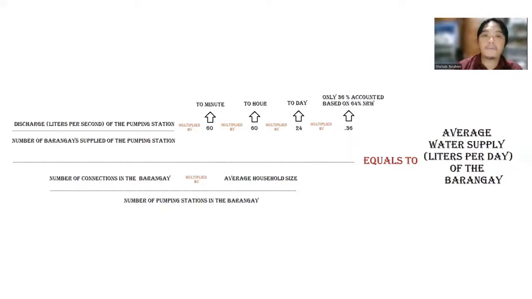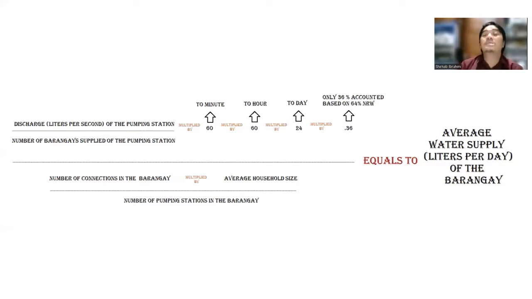What I mean is liters per minute, then liters per hour, and then liters per day. And then we multiply it by 0.36. Now, where does this 0.36 come from? As mentioned, there is this 64% non-revenue water, or 64% unaccounted.